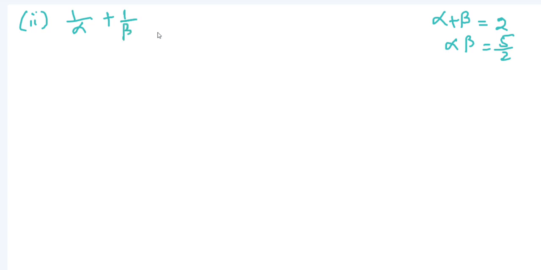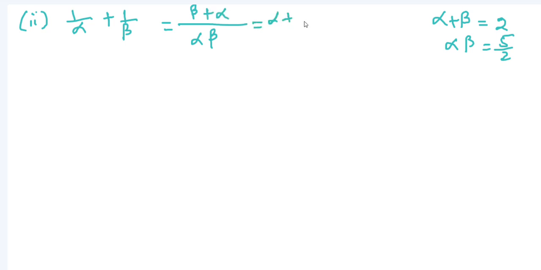Let me first write alpha plus beta is equal to 2, alpha beta equal to 5 by 2. So then the second part is 1 by alpha plus 1 by beta. So let us do LCM, alpha beta, that is coming beta plus alpha.